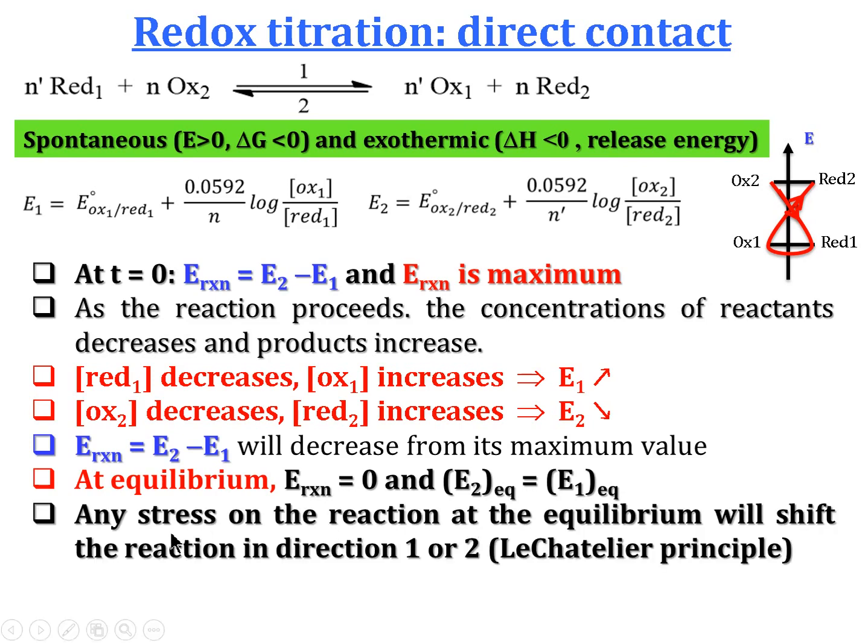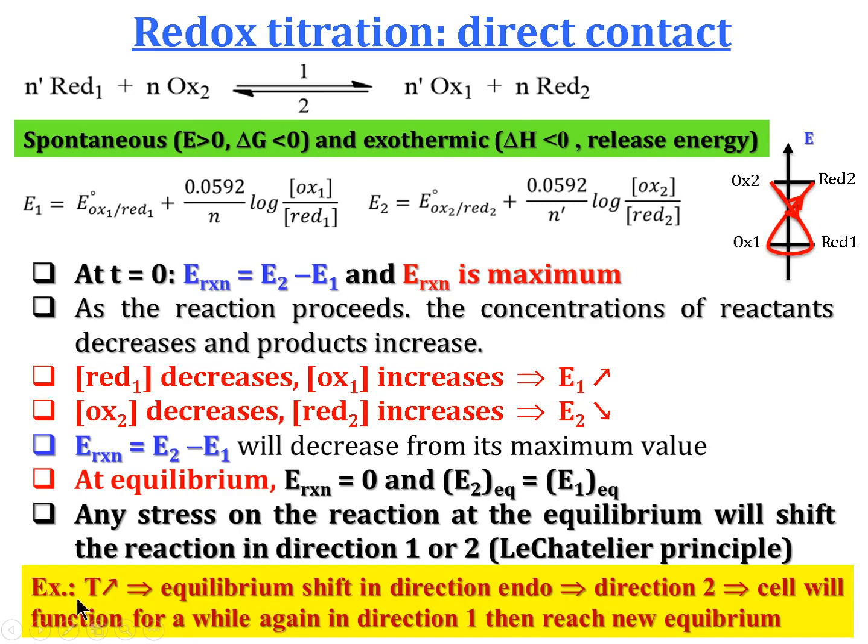To note that when the reaction reaches equilibrium, any stress on it will shift the reaction in direction 1 or in direction 2 according to Le Chatelier principle. For example, suppose the temperature increases.